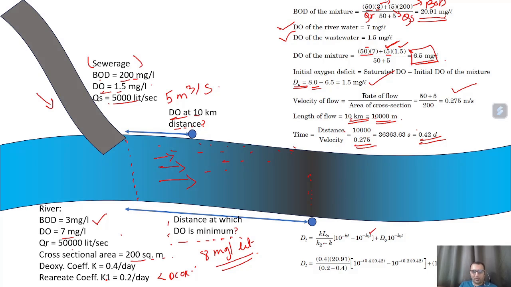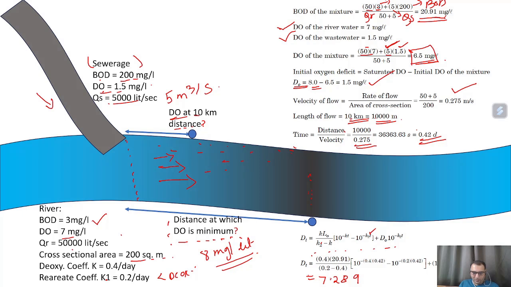Now we have all the required coefficients and inputs to find the Dt value. Now let's input this Dt value here, and you will get some answer. If you solve this, you will get 7.289. Remember, this is the deficit DO.